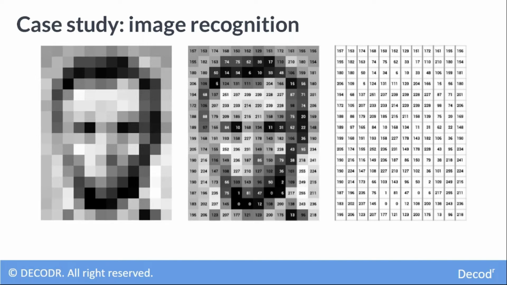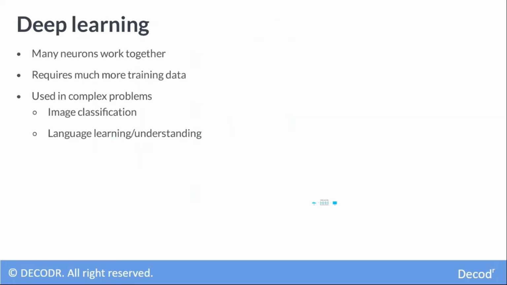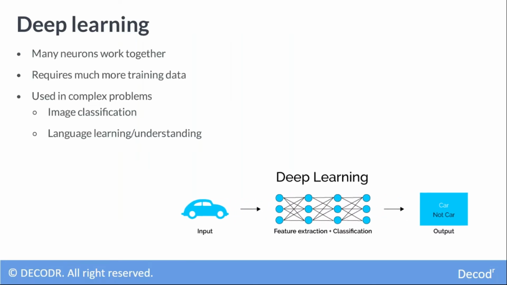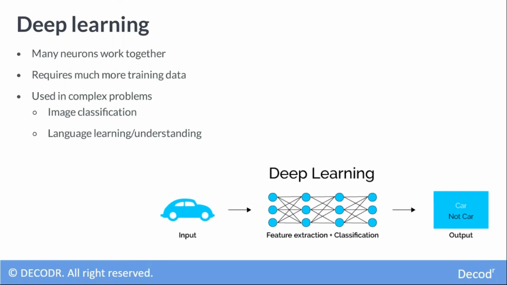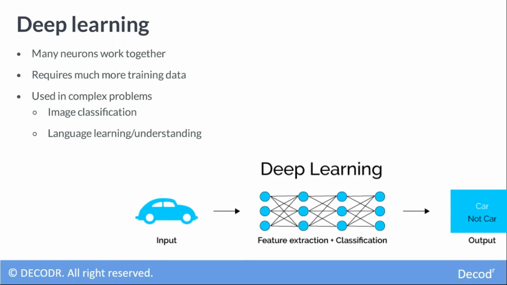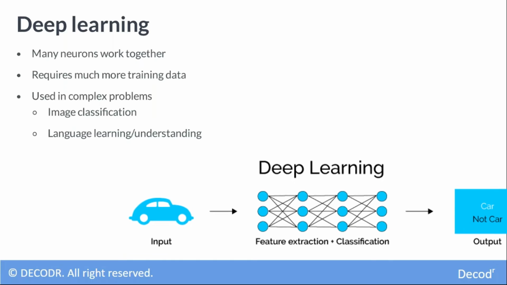However, this approach would probably fail if we fed this matrix into a traditional machine learning model. There's simply too much input data. So we need more advanced algorithms from a subfield of machine learning called deep learning. In deep learning, multiple layers of many algorithms called neurons work together to draw complex conclusions.